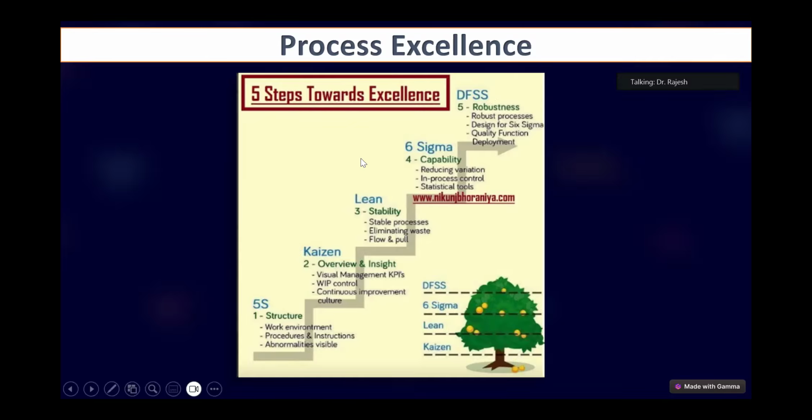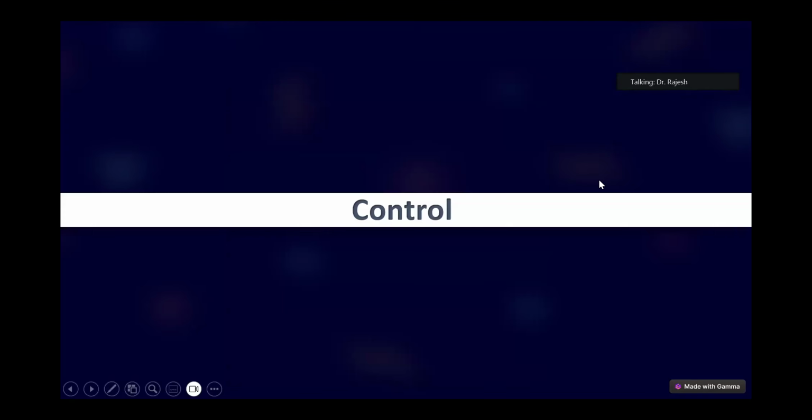If not, combine different methodologies so that we can see continuous improvement in the process. Any questions here? Okay, fine. Now we move to the last step.